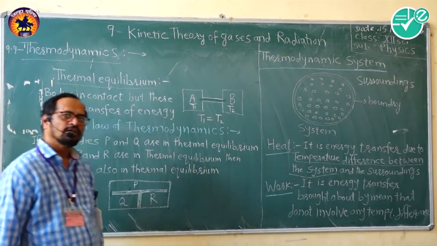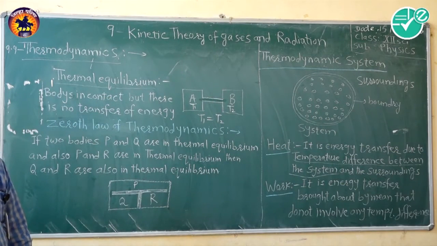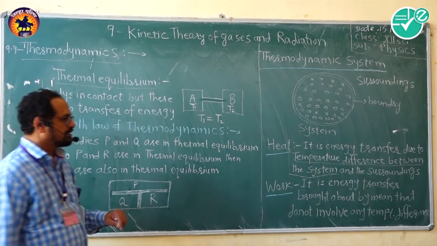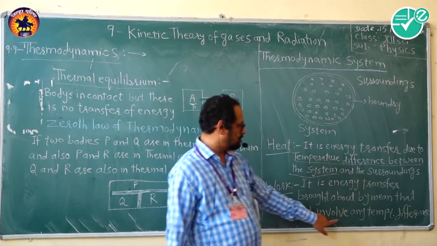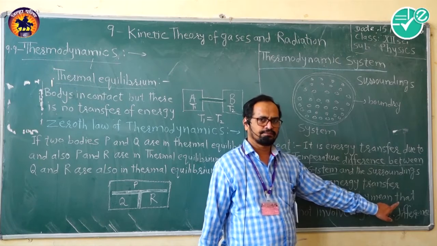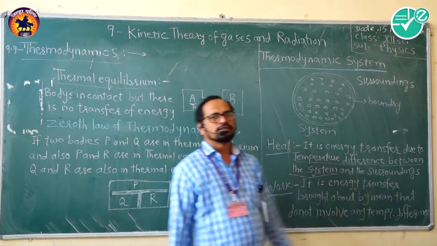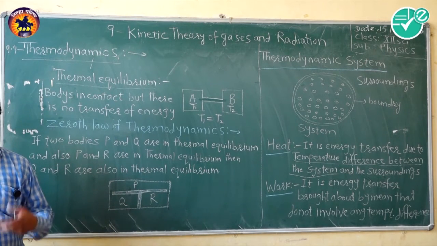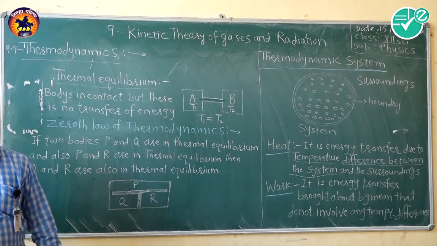So here also energy will be transferred from the system to the surrounding, but there is no involvement of any temperature difference. We will again understand in detail what work done is, how we can measure the work done, etc.